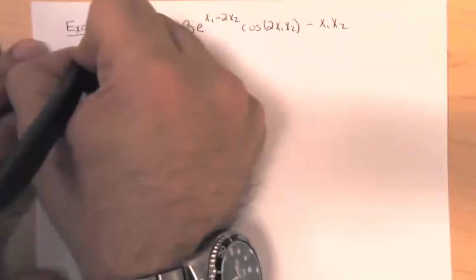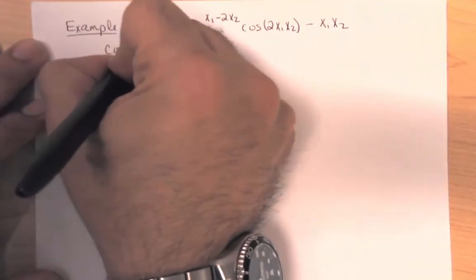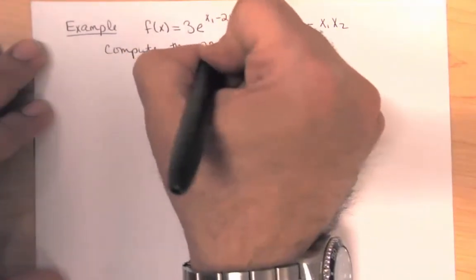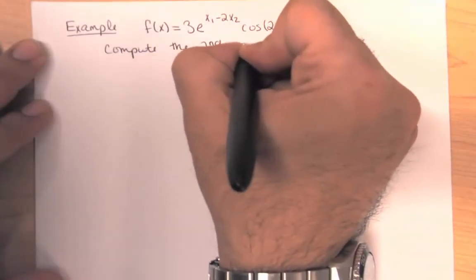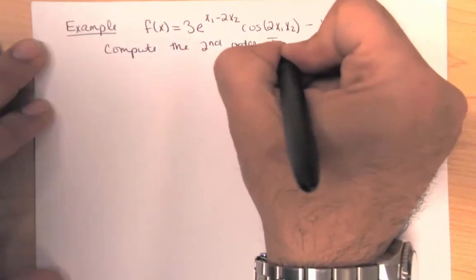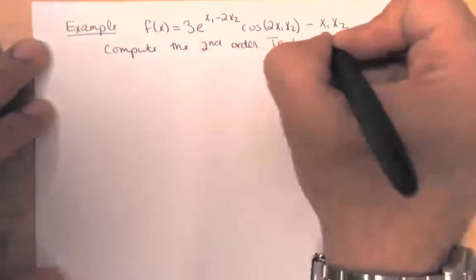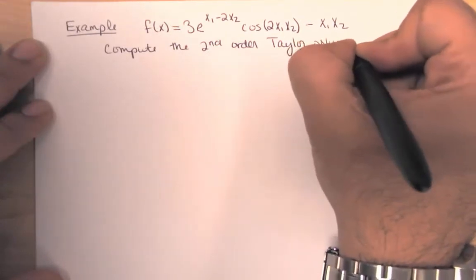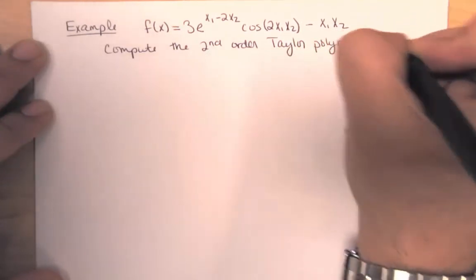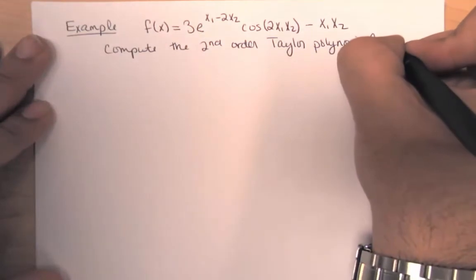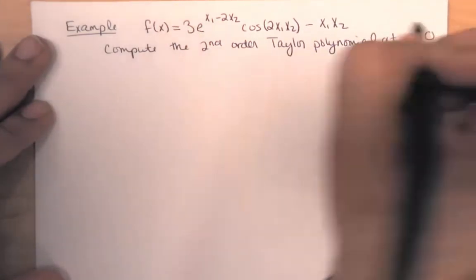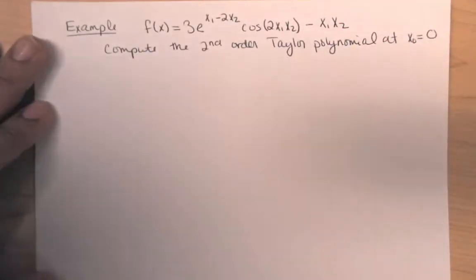So let's compute the second order Taylor polynomial, or Taylor function, expanding around x naught equal to 0.